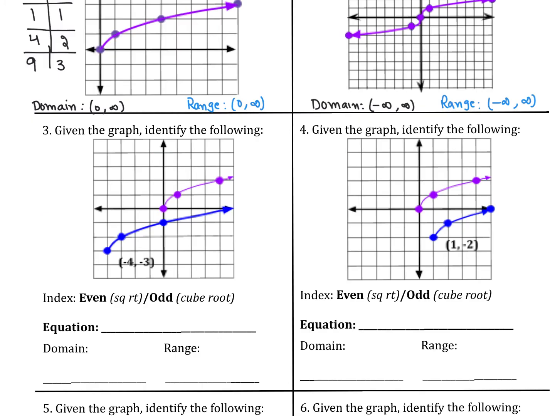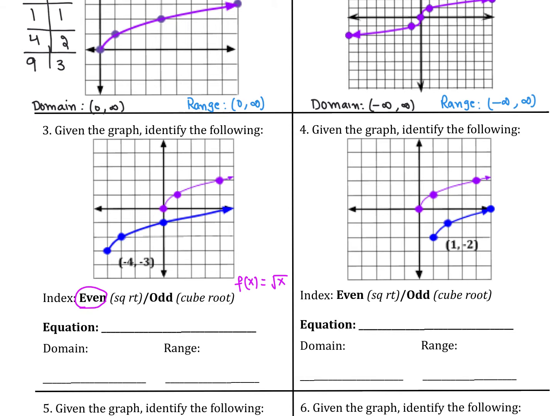Next is question number 3. Given the graph, identify the following. What we can see is that this purple graph is the parent graph of the square root function. So the index is even because the parent graph is square root of x.